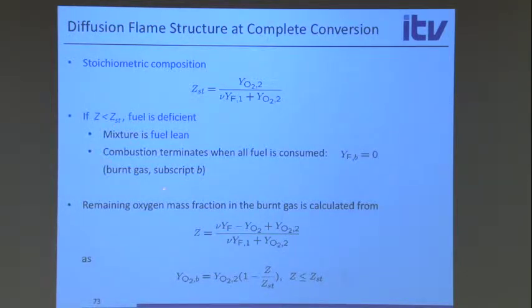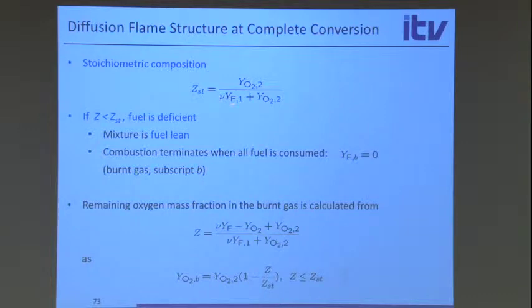If you first consider the lean case, you have the definition of mixture fraction, but on the lean side, for infinitely fast chemistry, the fuel is all consumed. Which means when combustion takes place, the fuel is all gone, and oxygen is left over. So if in this relation I set YF equal to 0, I can divide it by Z stoichiometric.